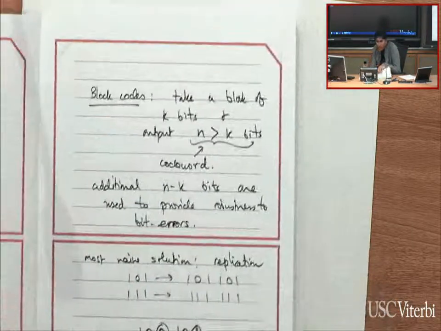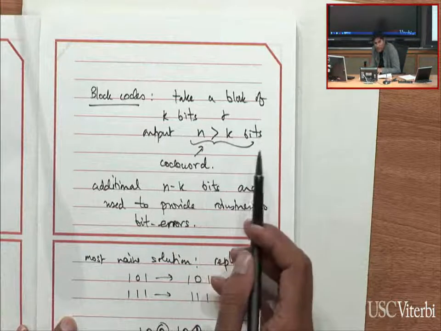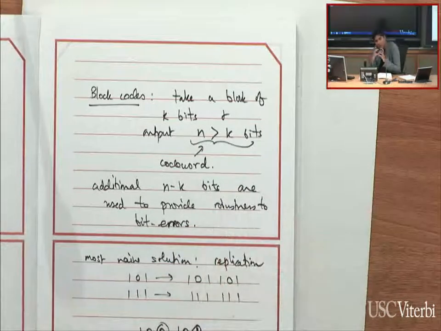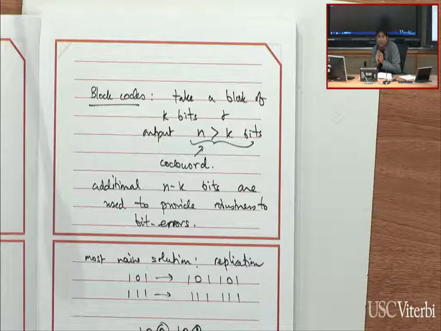So block codes work by taking k bits and outputting a larger block of bits as a code word, and you're basically operating on each of these blocks independently of each other. So you take this block, encode it, take this block of bits, encode it, take this block of bits, encode it. The challenge with block codes is that they introduce some delay for coding and decoding. You have to wait to fill up a certain block length of bits, run them through the encoder, send it out.